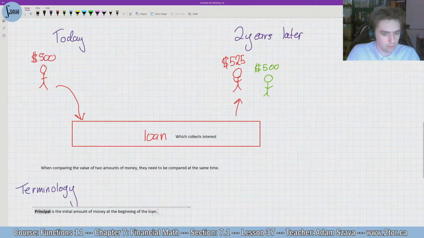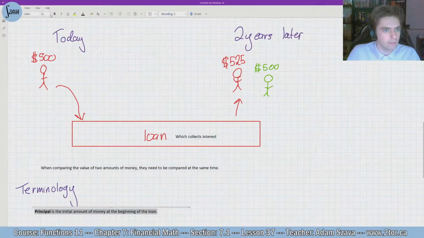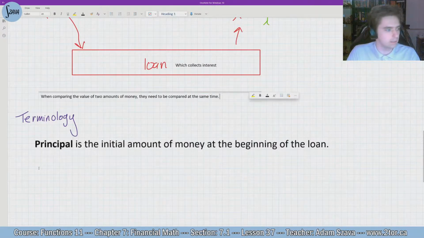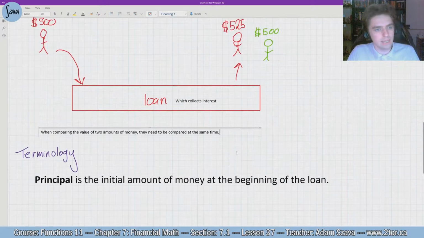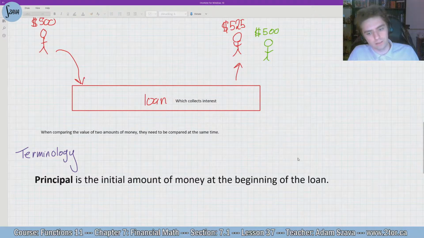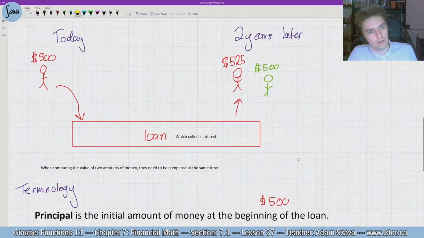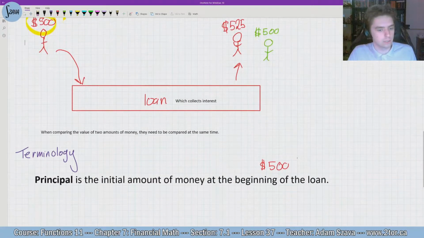That's a good way to think about it. So in the example up here, that would be $500, from right here. That $500 is the initial amount of money.